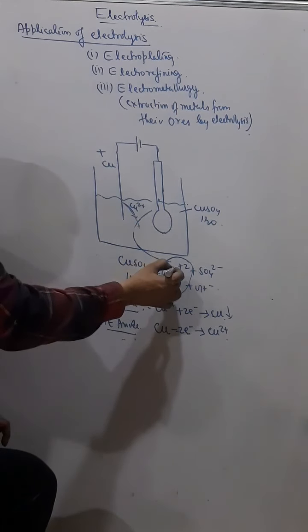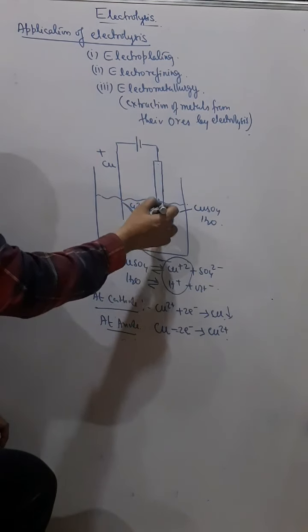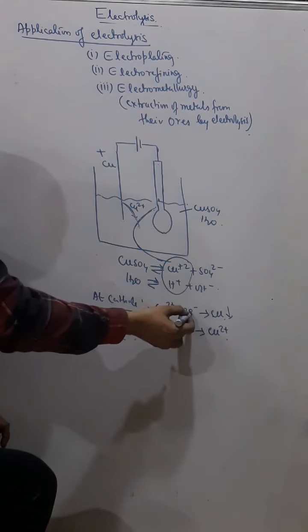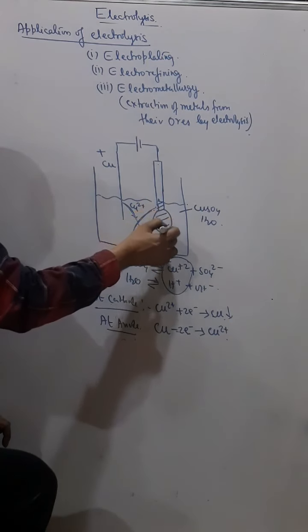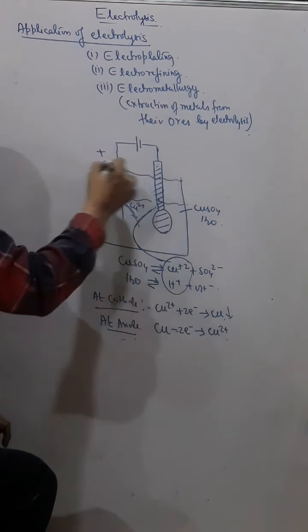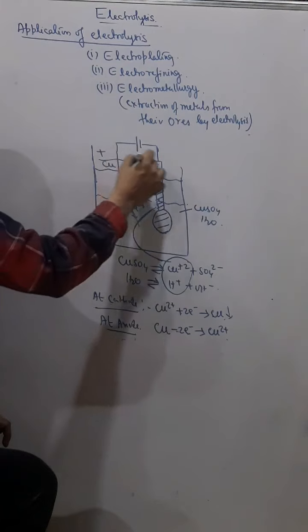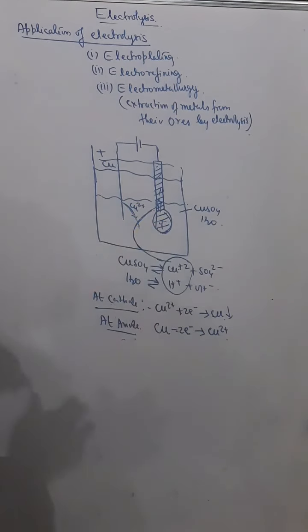The copper ions will go towards the cathode, the spoon, gain electrons, and form copper metal, and it will slowly stick. It should be immersed totally, so the part immersed will be coated with copper.